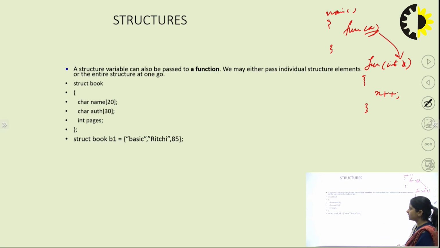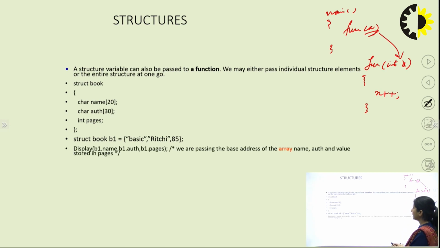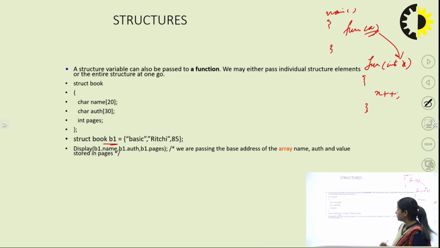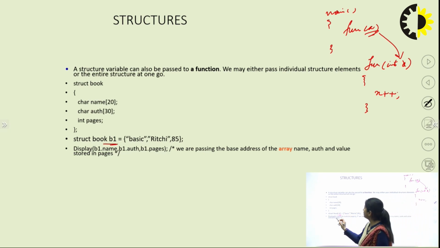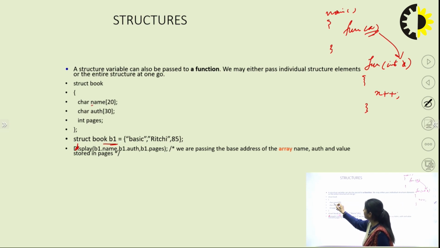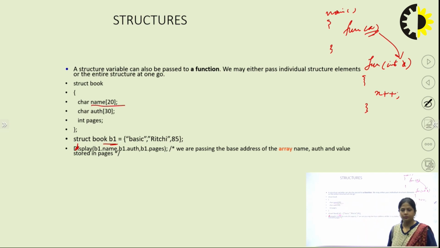Again, we have declared a structure of type book, and this is a variable of the structure, say b1, right? Now I'm calling a function display with b1.name, b1.author, b1.pages. So what are we doing here? We are passing the base address of the array name, because name is a character array, right?